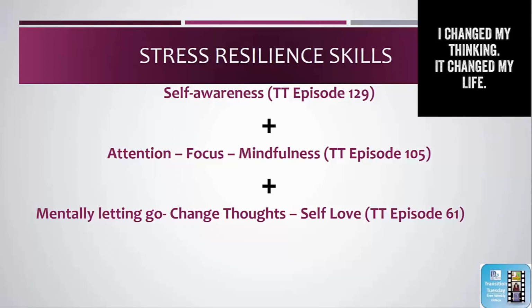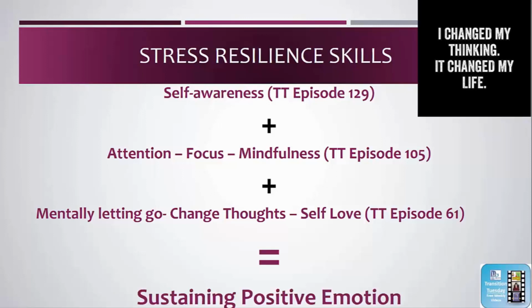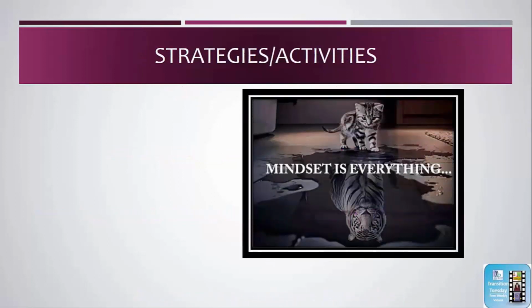These 3 skills can really be taught in any order to produce the ultimate outcome, which is sustaining positive emotion. Many of these strategies or activities we are going to discuss now are really sub-skills of self-awareness, focus, and self-love, which of course, when practiced, can help students become more resilient.